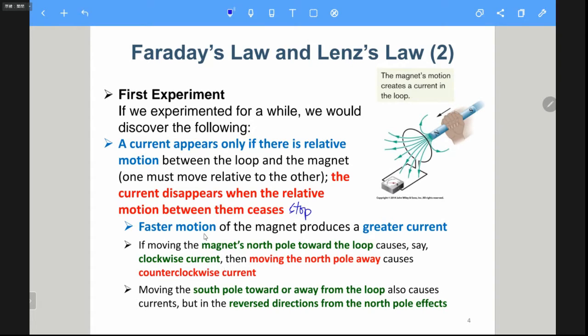The direction of the motion also influences the direction of the current. Moving the south pole toward or away from the loop will cause current, but in reverse direction from the north pole. North pole or south pole will also influence the direction of the current.